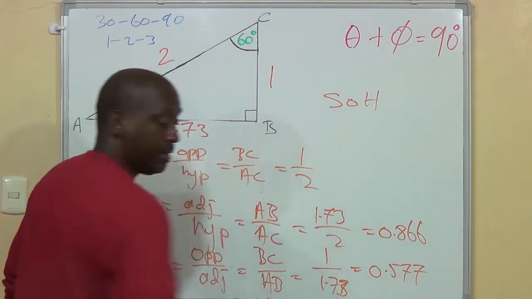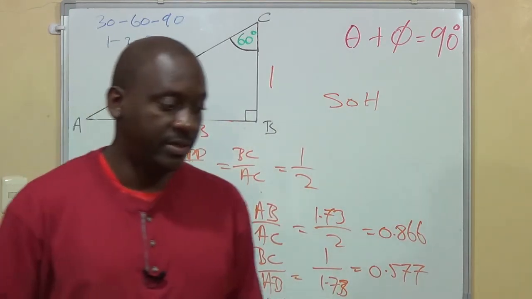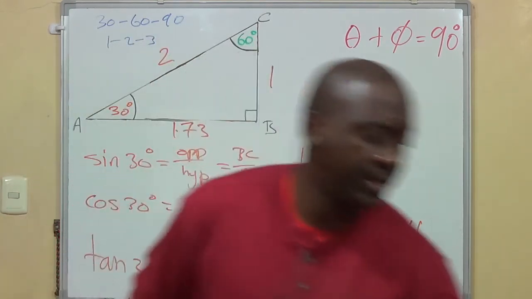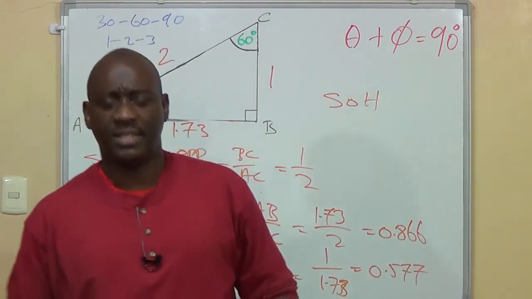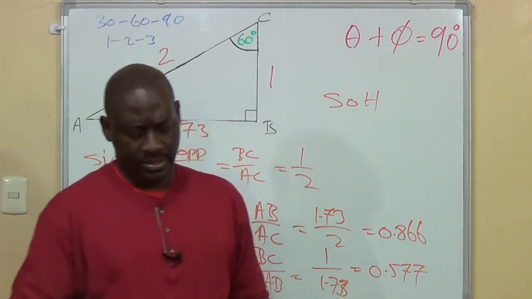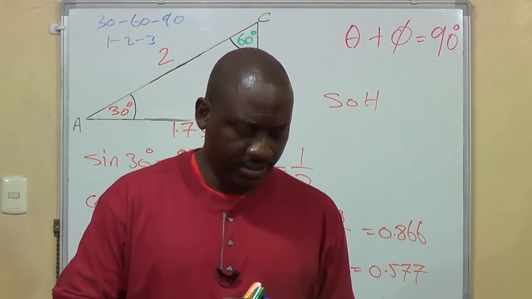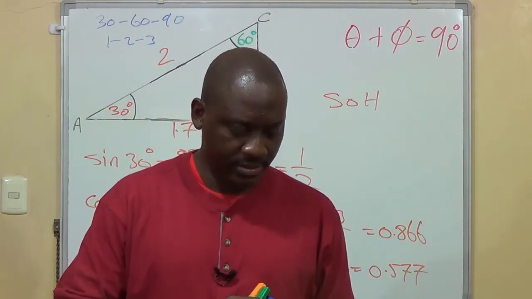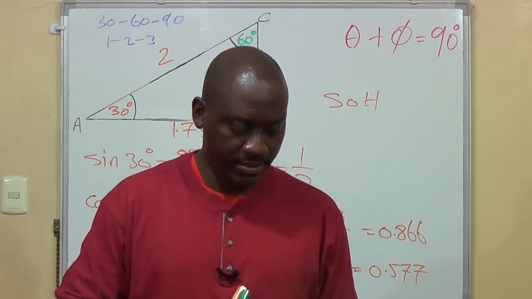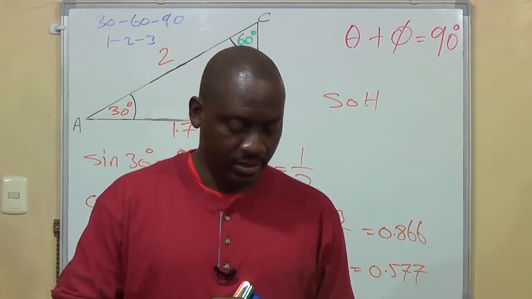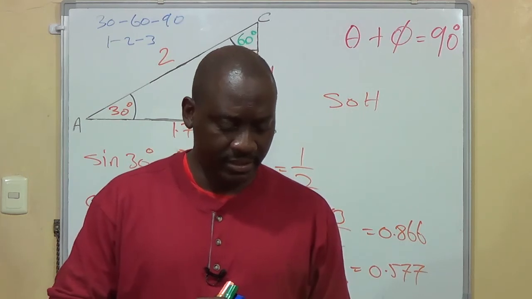Let me just check the calculator and make sure. These are just numbers that I remember from back whenever I was doing this. So 1 divided by 1.73 is equal to 0.578.